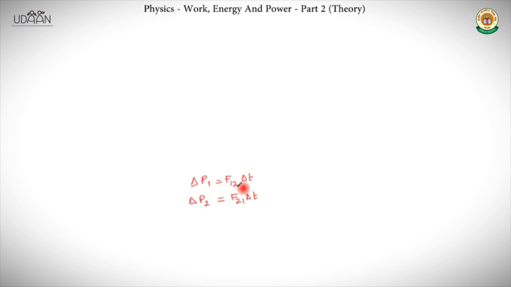Here f12 indicates the force exerted by particle 1 on 2, and f21 indicates the force exerted by particle 2 on 1.